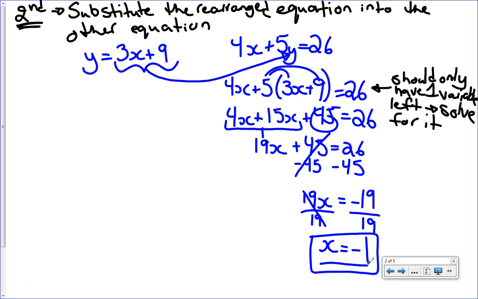If you don't have that all written down, just take a quick second to pause it. I'm going to move on to the third step, which, from this point on, is the exact same as elimination.